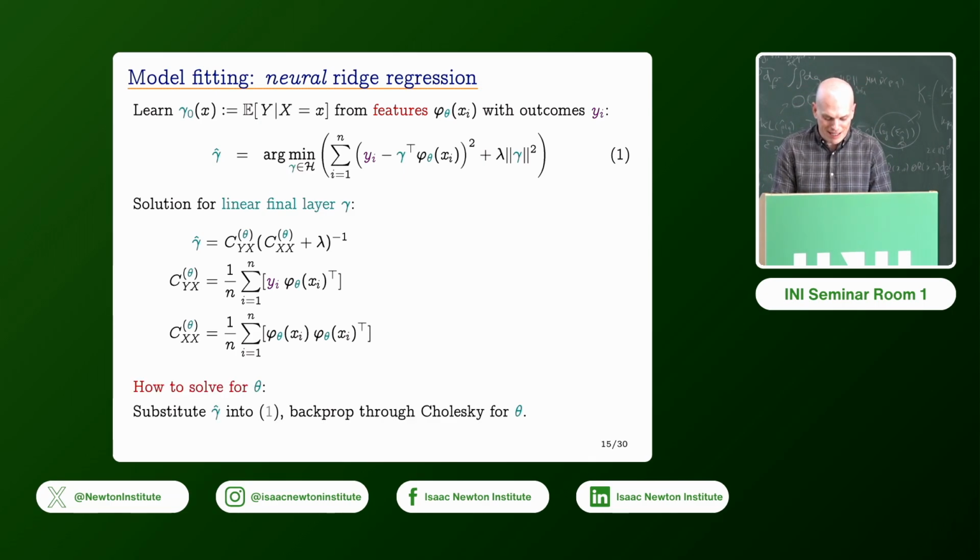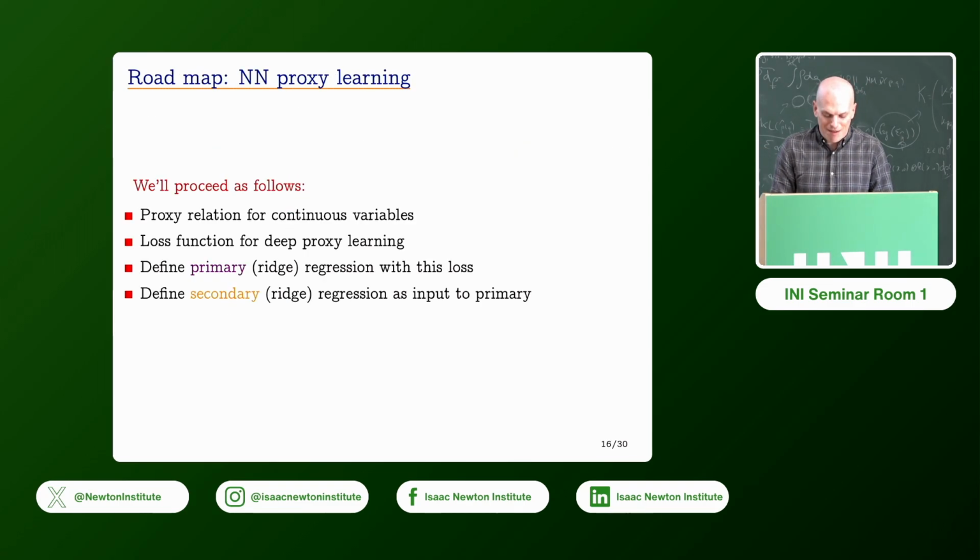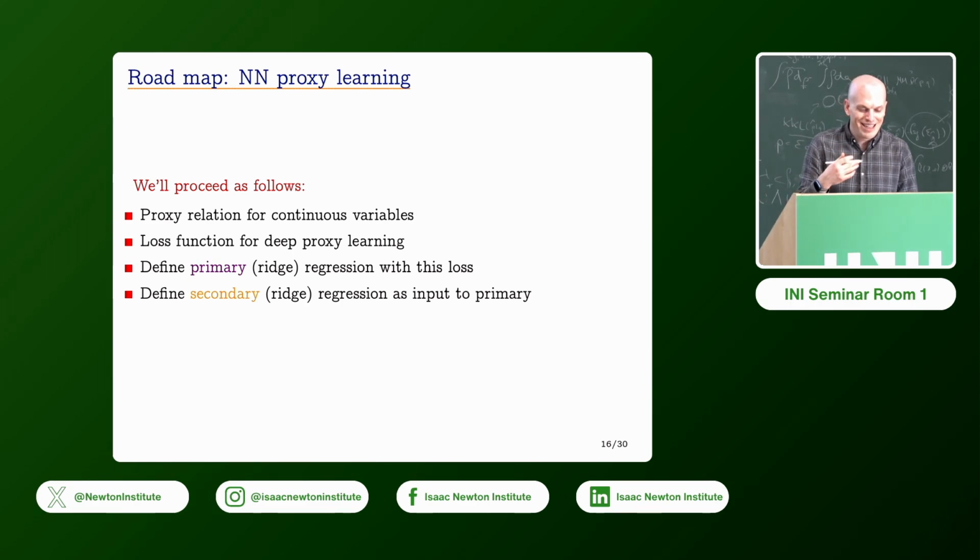Okay, yeah, so I've got this closed form expression, and so effectively, the linear final layer is a function of all of the remaining parameters, and so this is what I use, okay? And so gamma is no longer explicitly present, it's just basically a function of theta, which we put in. Okay. And this will become clear why we're doing this later. It's actually a very subtle and interesting reason, so that's some foreshadowing for you, okay?